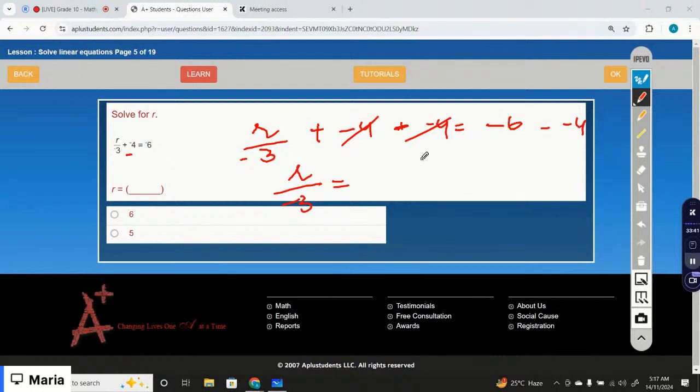Negative 6 minus negative 4 is negative 6 plus 4. That is negative 2. Multiply negative 3 other side. That would be 6. The correct option is 6. Option number 1 is the correct option.